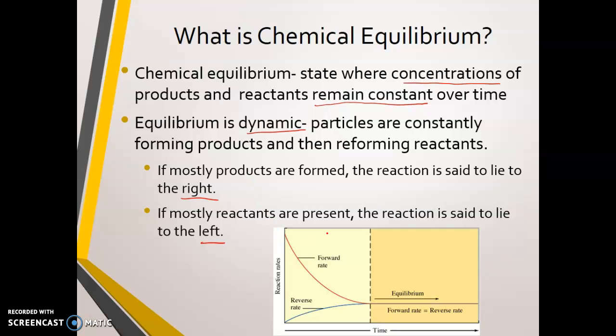In this particular example, the forward rate is very fast and the reverse rate is very slow. You can see this because it's drastically decreasing for the forward rate and then slowly increasing for the reverse rate. And at this point right here, the rates are equal.